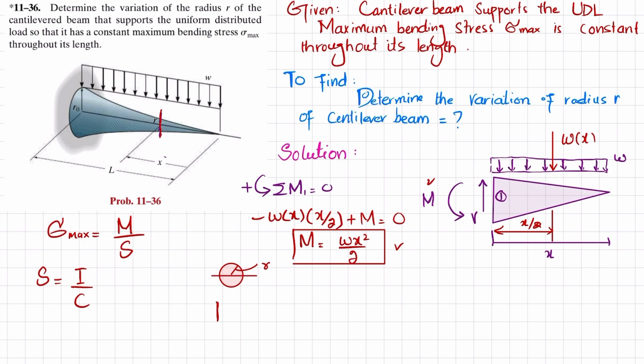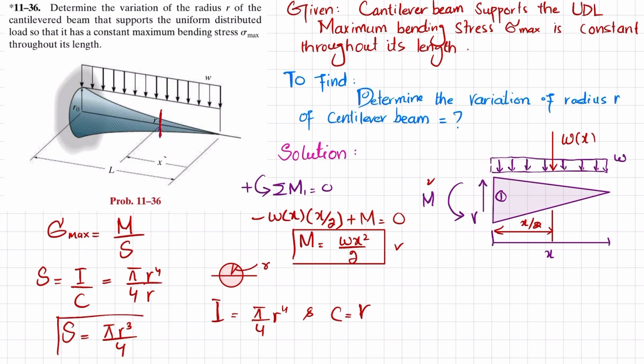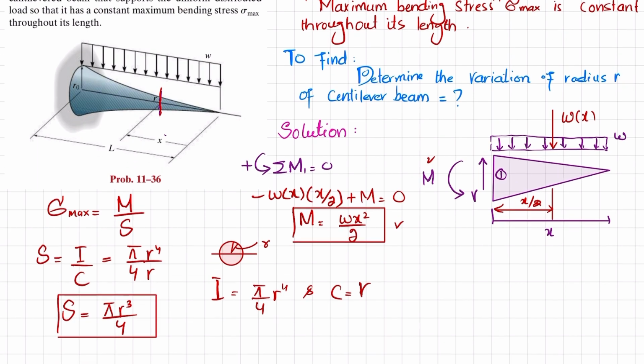So I for this will be equal to pi by 4 R power 4, and C will be equal to R, because C is the maximum distance from the neutral axis to the topmost, that is R. So you can just put pi over 4 R4 divided by R. So section modulus will be equal to pi R cube over 4.